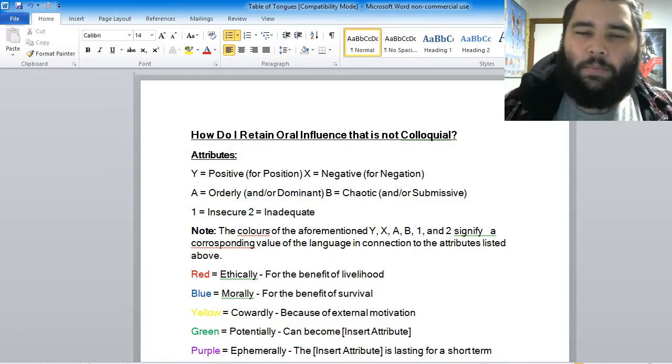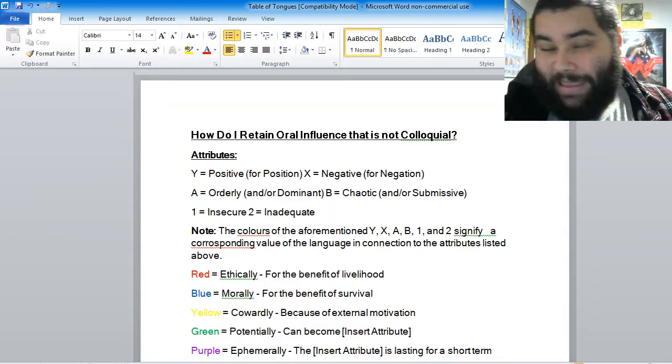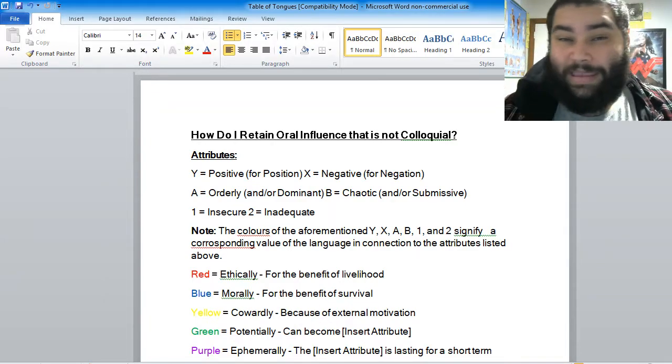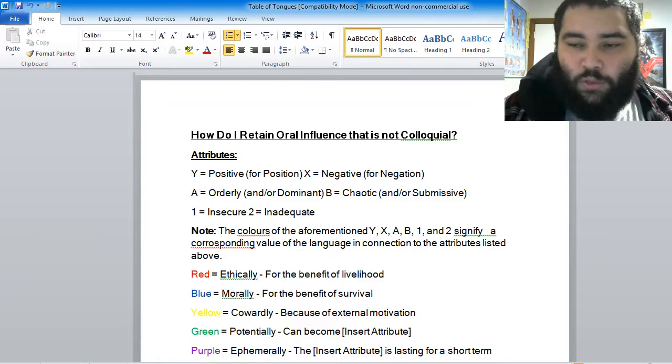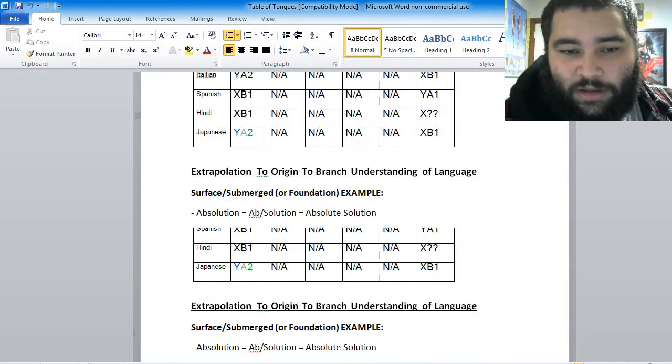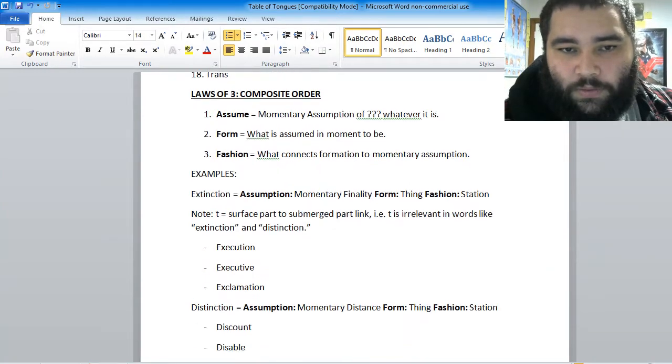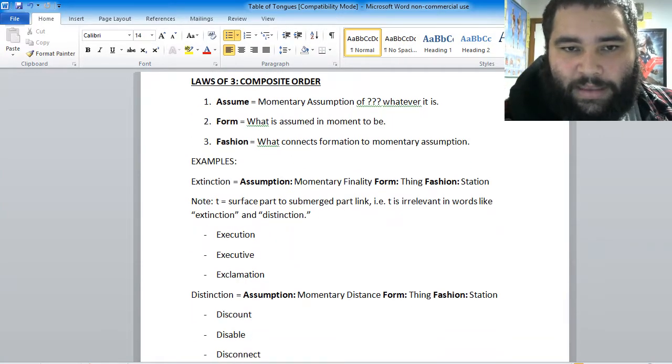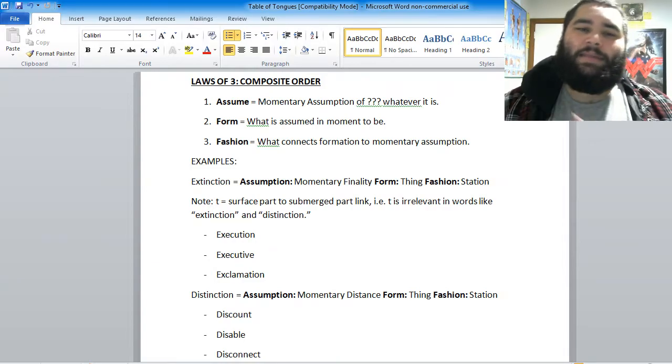I'm not yet at the point to be able to speak every language, and certainly not at the point to be able to speak every language fluently, but to understand every language, I'm getting closer and closer. And so the laws of three composite order, that is helping me.